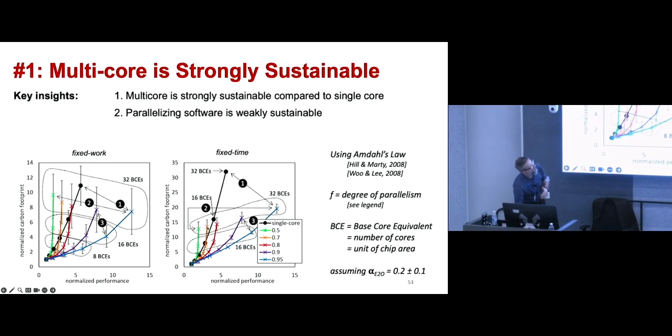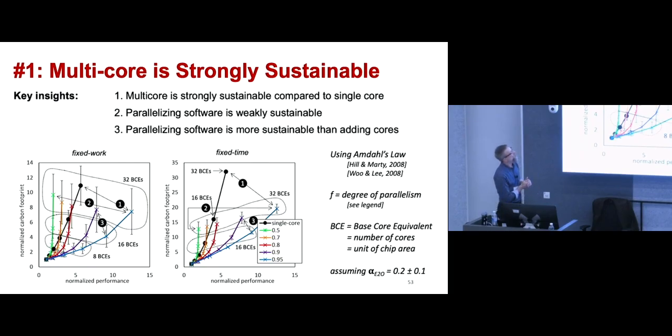But under a fixed time scenario, we actually see an increase in carbon footprint. Because the device becomes more efficient, because software is more parallel, we will start doing more work, and as a result, we will end up with a higher total carbon footprint because of this rebound effect.